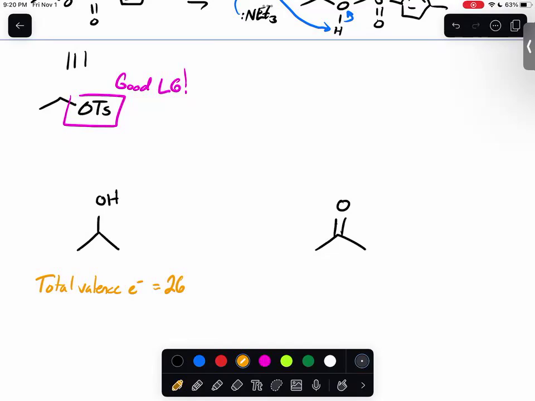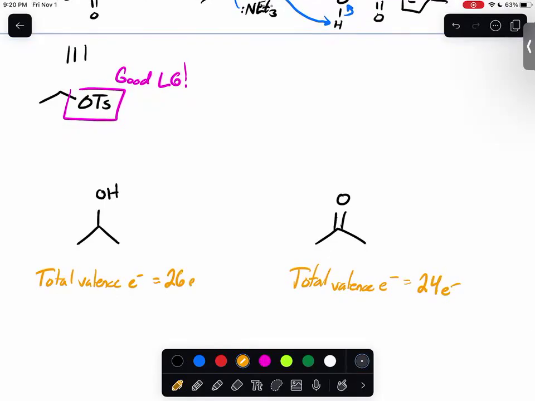And then you'll see that the total valence electron count over here for the carbonyl is actually 24 electrons. And now you may be thinking back to Gen Chem and thinking this is going to be a really terrible time because oxidations and reductions get very confusing sometimes. But this is going to be very, very simple for organic chemistry, right?